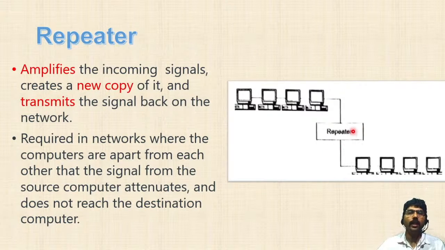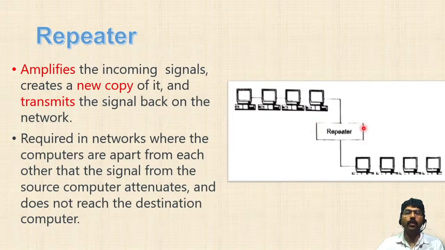The next component is the repeater. In the last class I told you about attenuation impairment. Attenuation impairment means whenever you send signals over a medium, their energy continuously decreases. For that we use amplifiers.